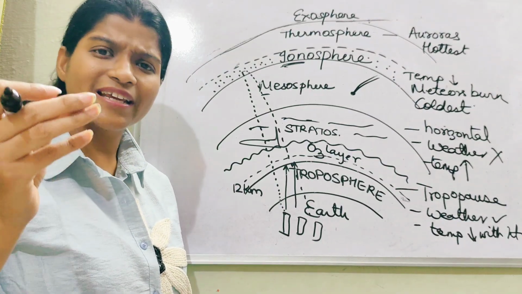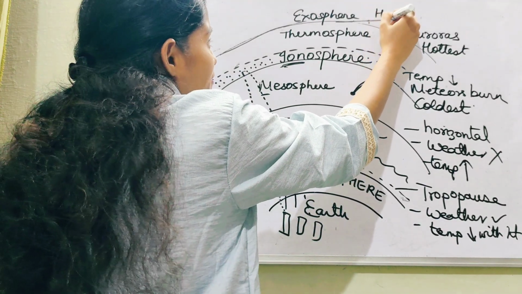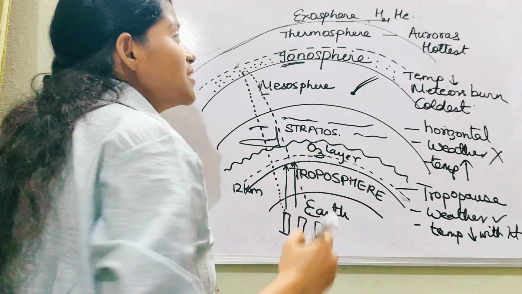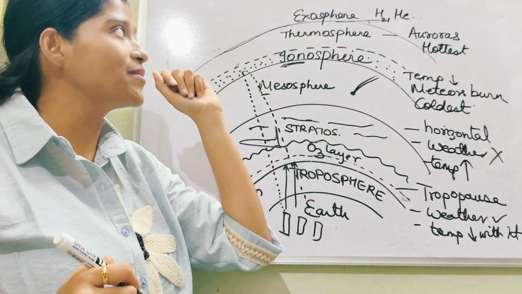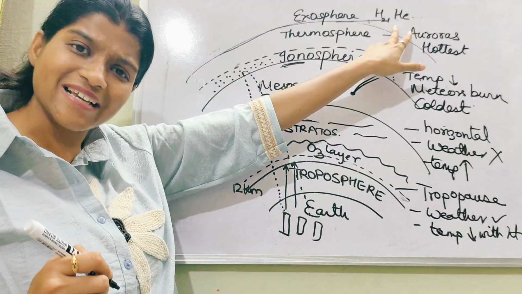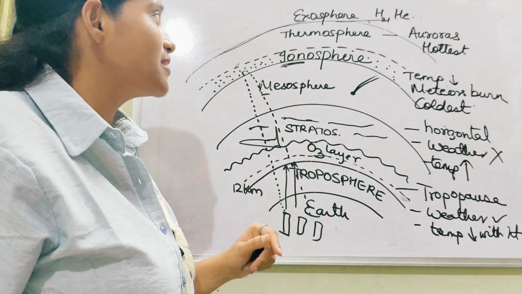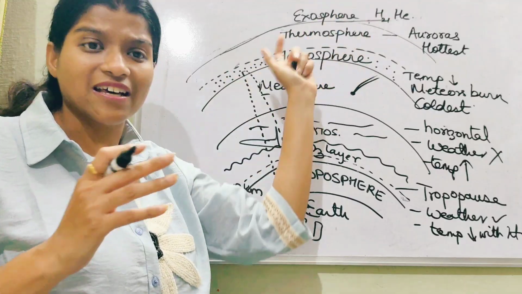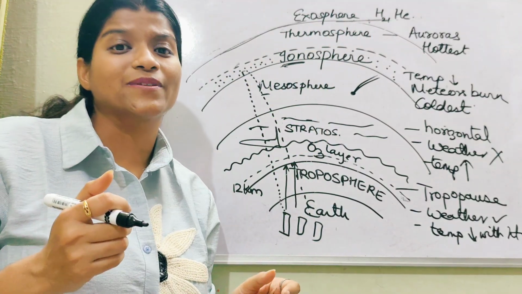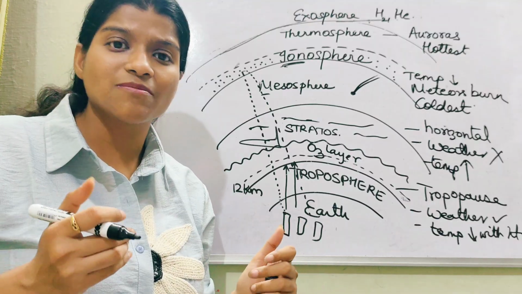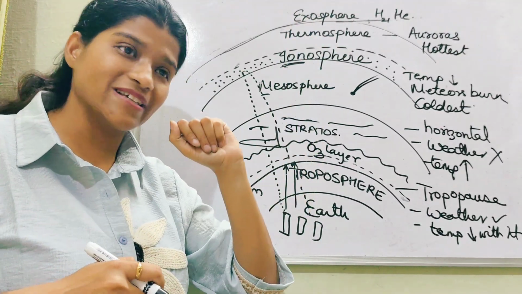Only 2-3 light gases like hydrogen and helium are found here. These both gases are light gases. Since there is nothing here, no gas, no dust particles, who will absorb the heat? There is nothing to absorb the heat. So that's why thermosphere is the hottest layer.